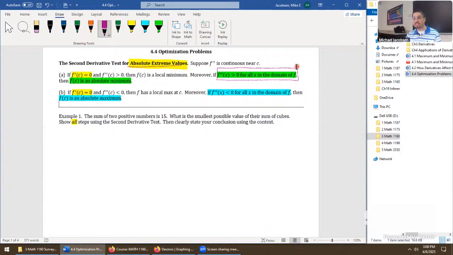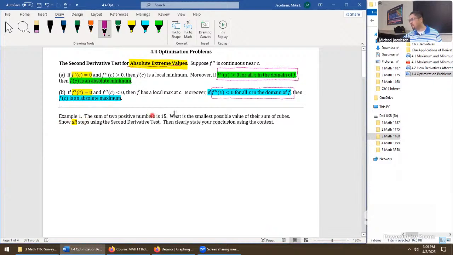That's our big adjustment for the second derivative test. And likewise, if it is concave down for all x in its entire domain, so everywhere concave down, we have found an absolute maximum.